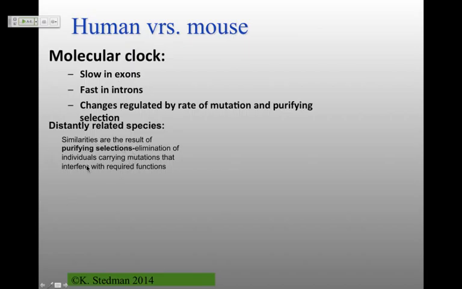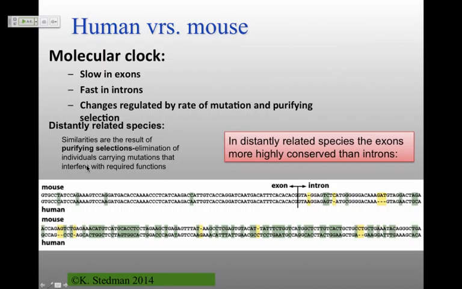So these are all then relative similarities to each other, and this is a great way of actually looking at these sequences. Here again, it's a mouse sequence at the top, human sequence at the bottom, exons. These things are extremely similar to each other. As soon as you get into an intron sequence, sequences are all over the place. And this, as it turns out, is a really good way of detecting what an intron is and what an exon is.